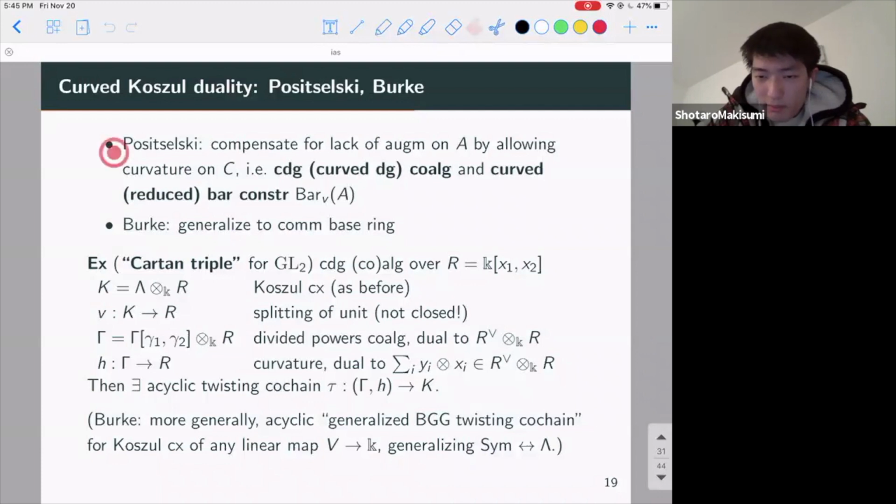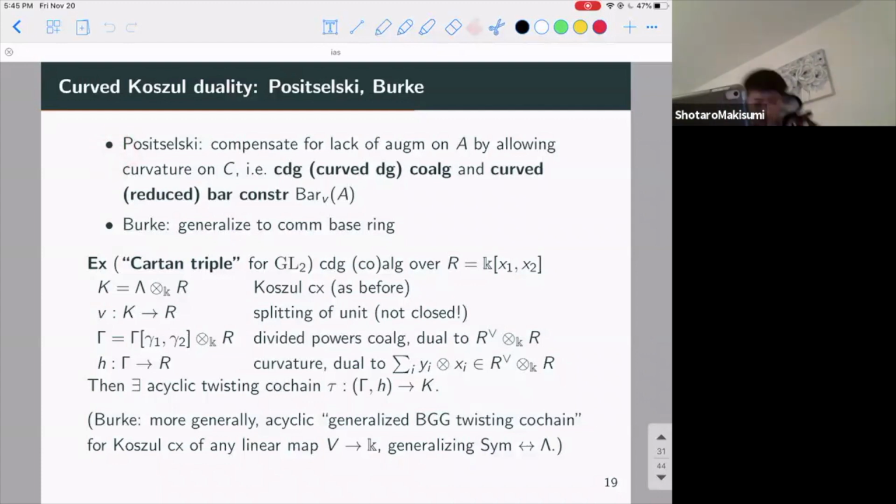But in that case, Positselski has a paper called Two Kinds of Derived Categories. And he has many powerful ideas in this work. But one of them is that in Koszul duality, if the algebra side lacks an augmentation, you can compensate for that by allowing a curvature on the coalgebra side.